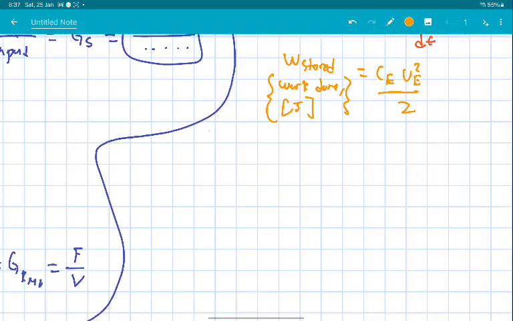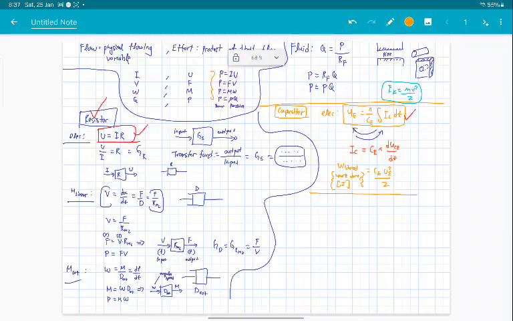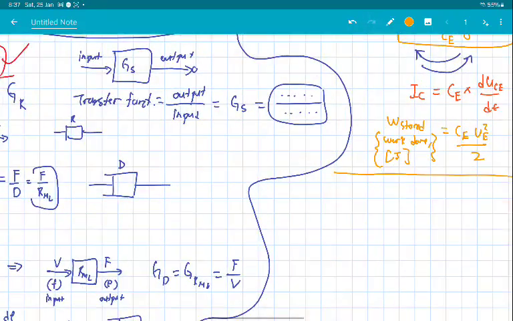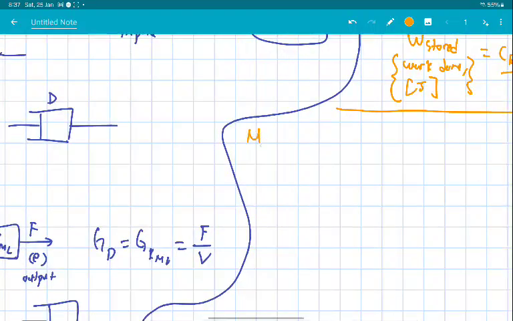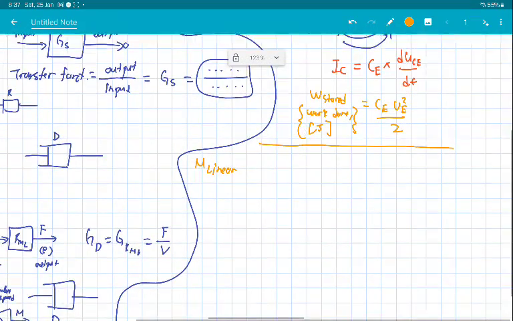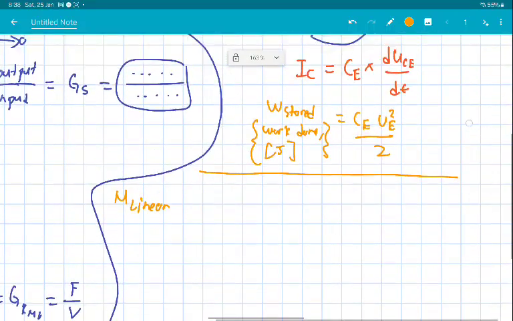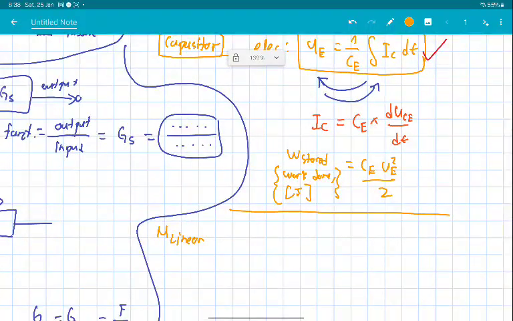Now we go to mechanical linear, to make it clearer. In mechanical linear, we're going to base off what we wrote earlier. What is the equivalent of UE? For UE, the equivalent is force, because voltage is the product of current.